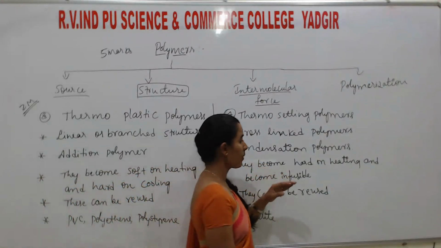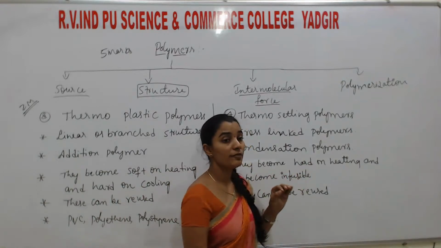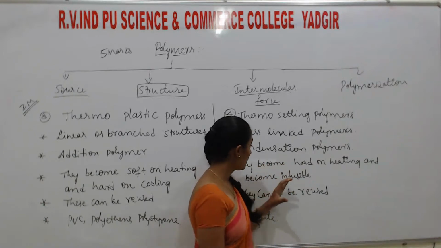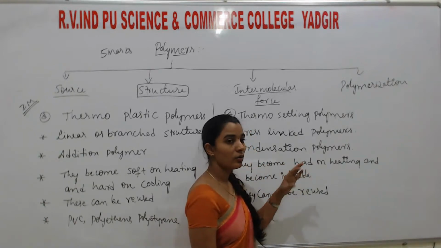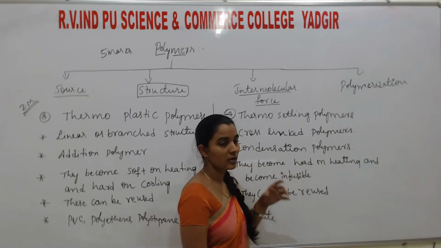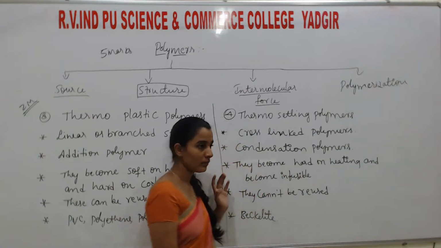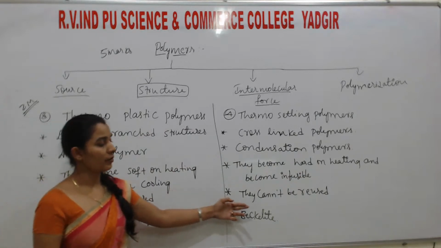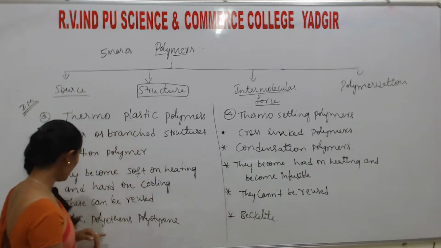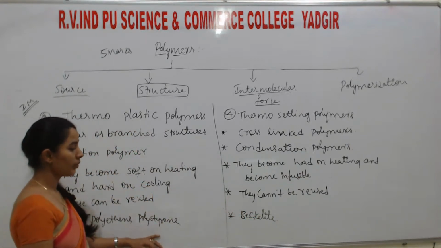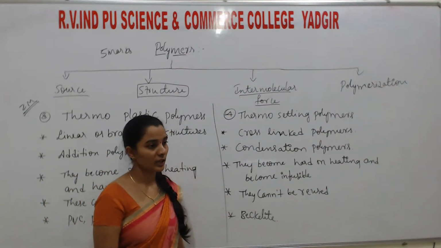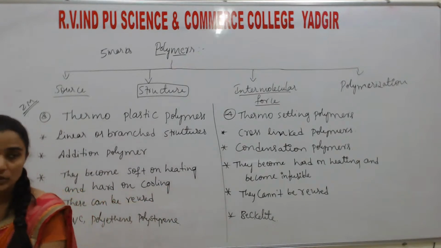Thermosetting polymers become hard on heating and infusible, which means that once heated they cannot change their structure upon cooling. Next, thermoplastics can be reused and thermosetting polymers cannot be reused. Here the examples are PVC, polyethylene, polystyrene. Understand?